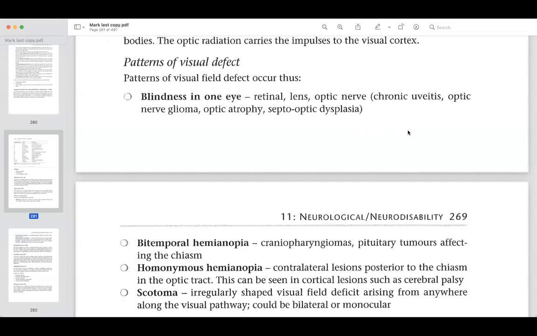This can happen commonly with chronic uveitis, optic nerve glioma. I think gliomas are common with neurofibromatosis. Okay. And even in optic atrophy and septo-optic dysplasia, you can see blind eyes. I think there was one video station about septo-optic dysplasia before.